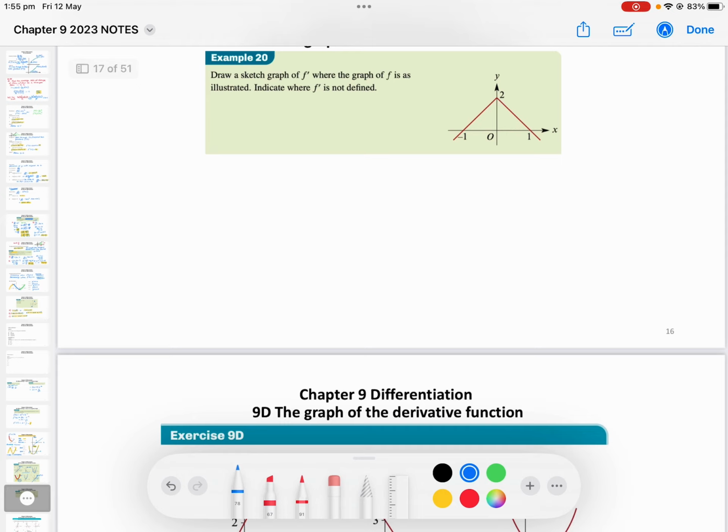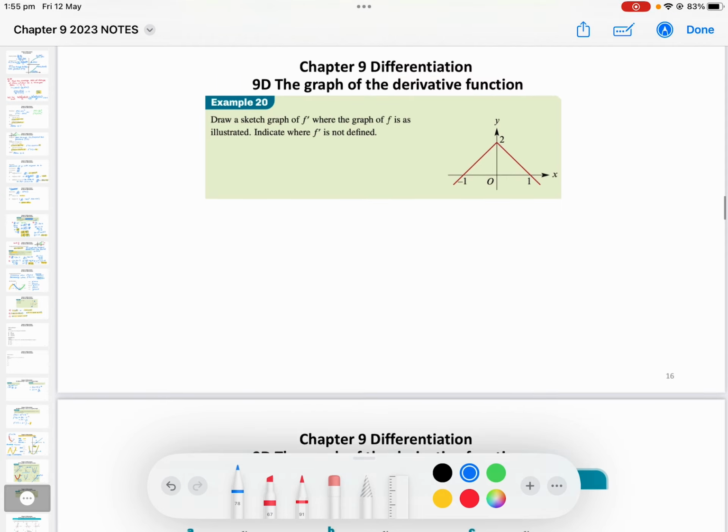This is a special function called the modulus. We don't have to actually do that function this year, but you do need to be aware of what the graph looks like, because at this point here, that pointy bit is called a cusp. So what happens with this one, I'll draw a graph here. On this bit here, the gradient is constant, and it's 2.